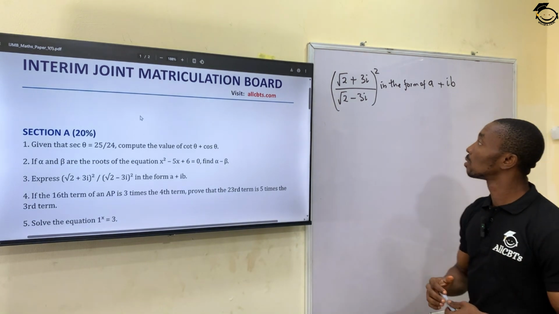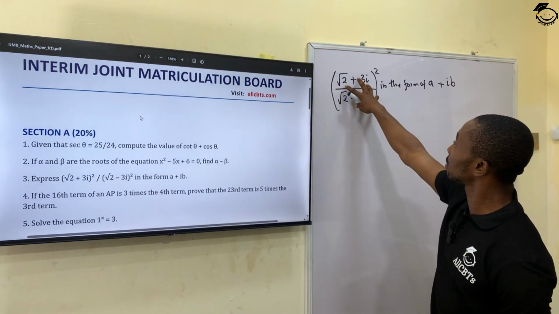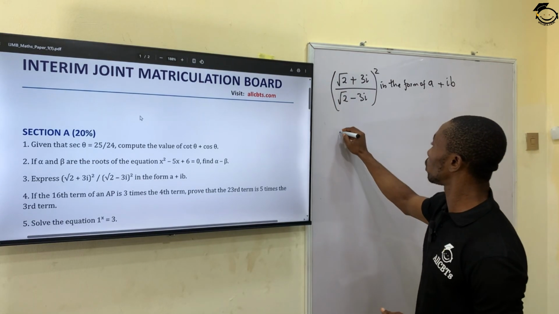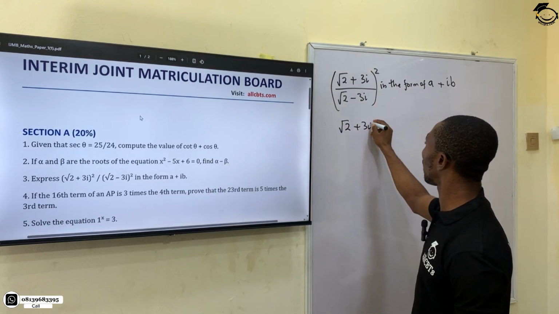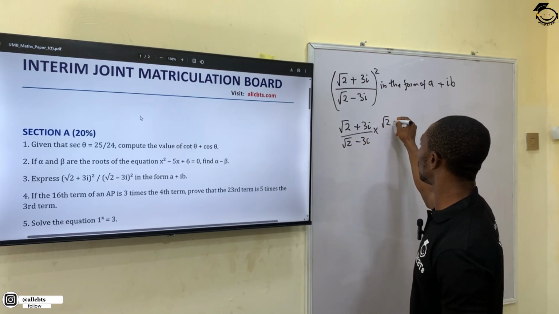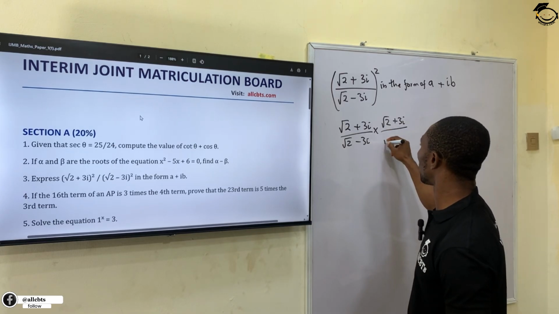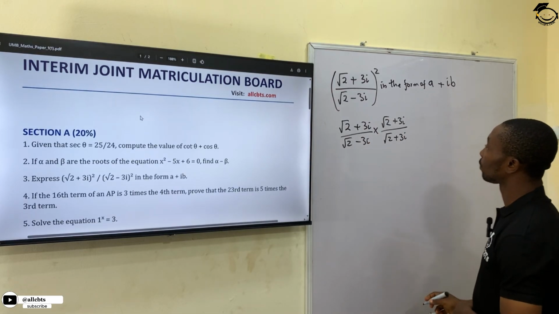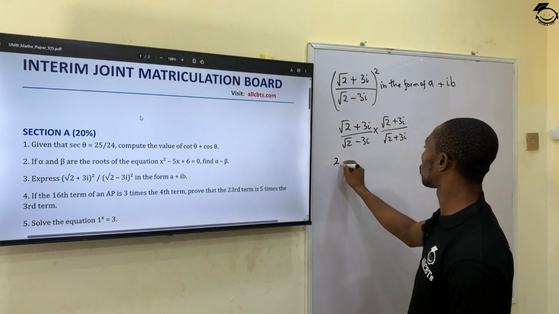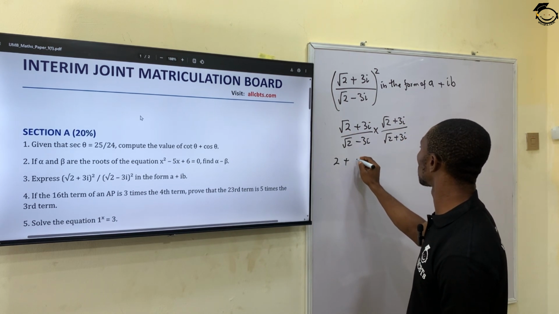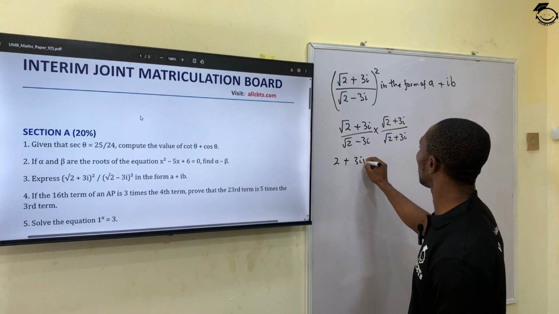Now, in solving this, we'll first of all multiply this expression with the conjugate of our denominator, which will give us root 2 plus 3i all over root 2 minus 3i times root 2 plus 3i all over root 2 plus 3i. Now, opening up our numerator, root 2 times root 2 will give us 2, plus 2 times root 3i will give us 3i root 2.